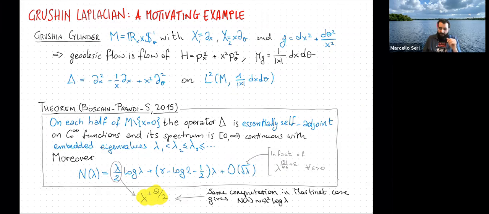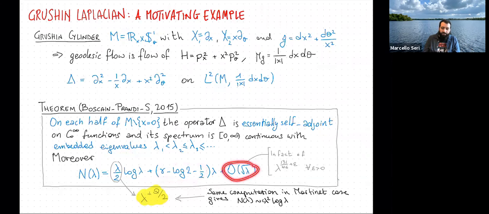If you compute this in the Martinet case, you will see lambda square. It's more clear if you look at the three-dimensional version of this. But you have something that now brings into the picture the Hausdorff dimension. It has some term that is unclear here, that is telling something maybe about the boundary or about the topology.